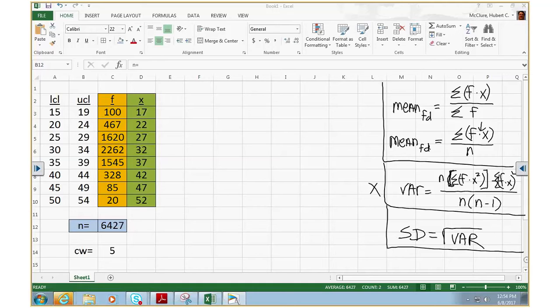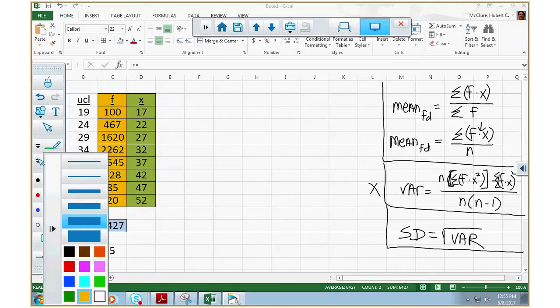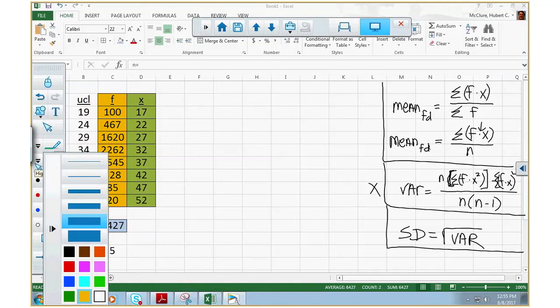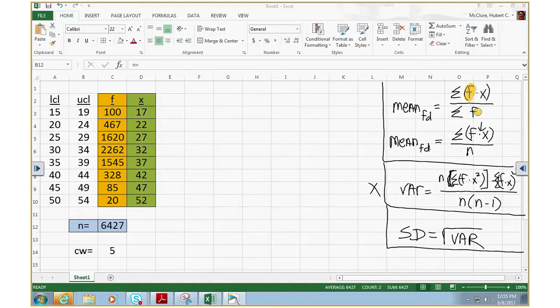All right, so we need a column right here. Well, I tell you what, let's go through and let's take the handy dandy highlighter. And we're going to do yellow. Yellow is F. Here's F, there's F, there's F, there's F, there's F. Okay, so all those F's are there.